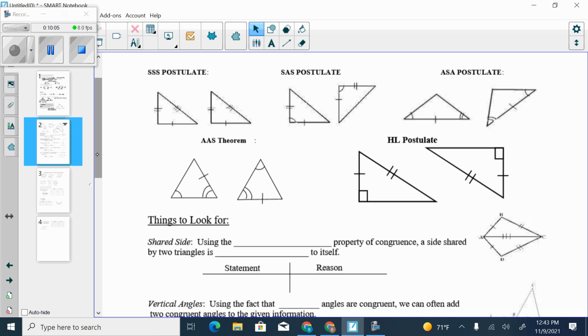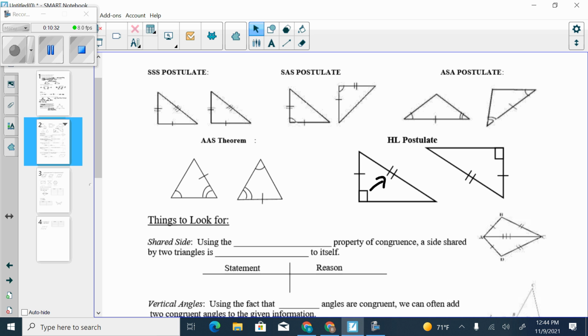HL stands for hypotenuse and leg. So if you want to mark that so that you know what H and L stand for, you can write that down. The one across from the 90-degree angle. Okay. So in order for you to have a congruency by the HL postulate, you have to have a 90-degree angle specifically.